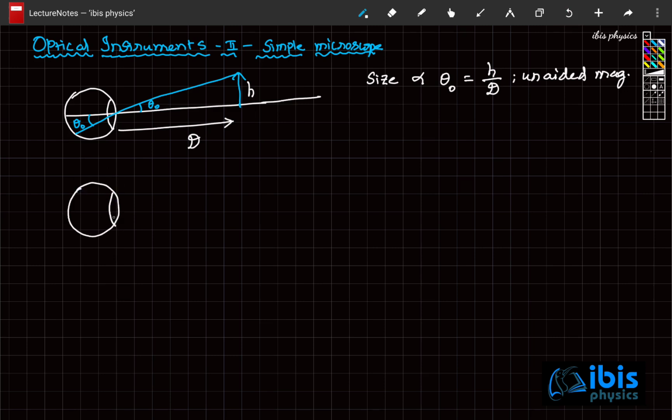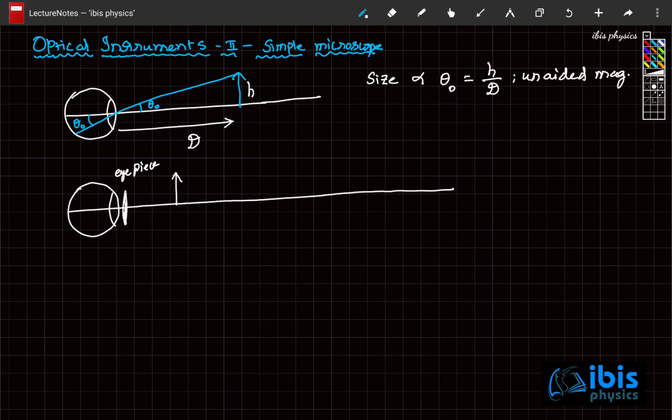Here is where you kept it, but if you use a small lens, instead of keeping the object at a distance d, you can keep it even closer to the eye. The lens closer to the eye we call the eyepiece.